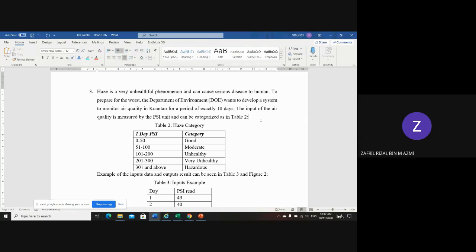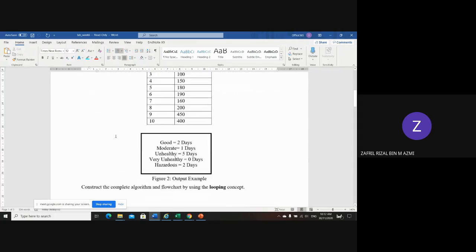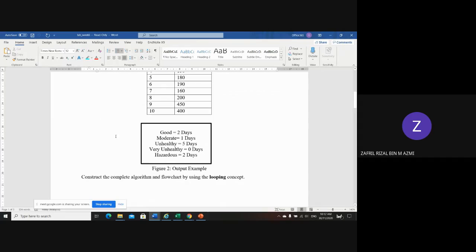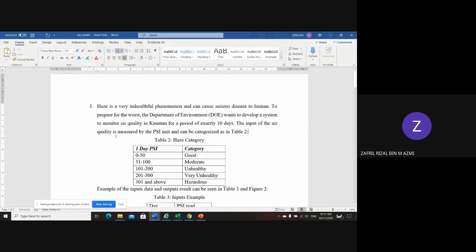For those who get a different answer, you need to check again. I'm not sure how you get it, or maybe some of you got a different answer, for example, those who define more than one input. So what is the second input if you have more than one? Maybe we can discuss it.